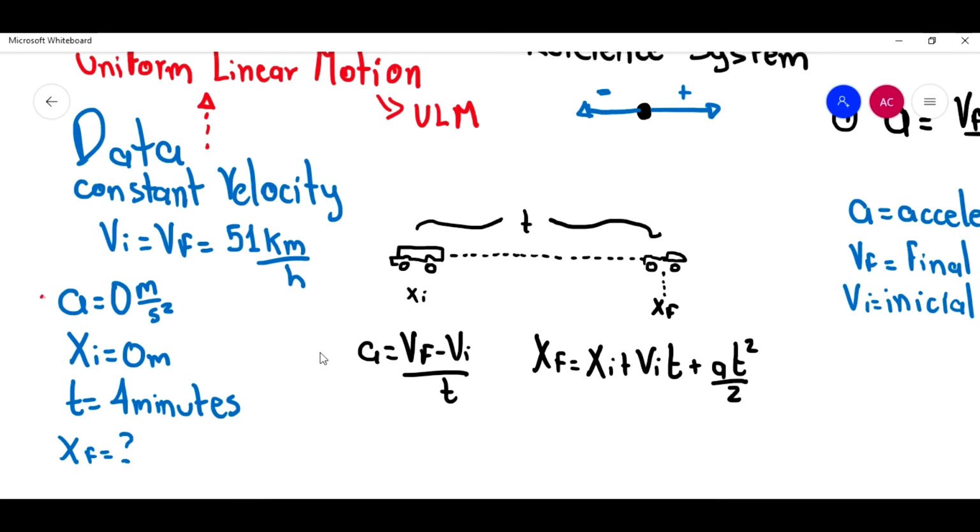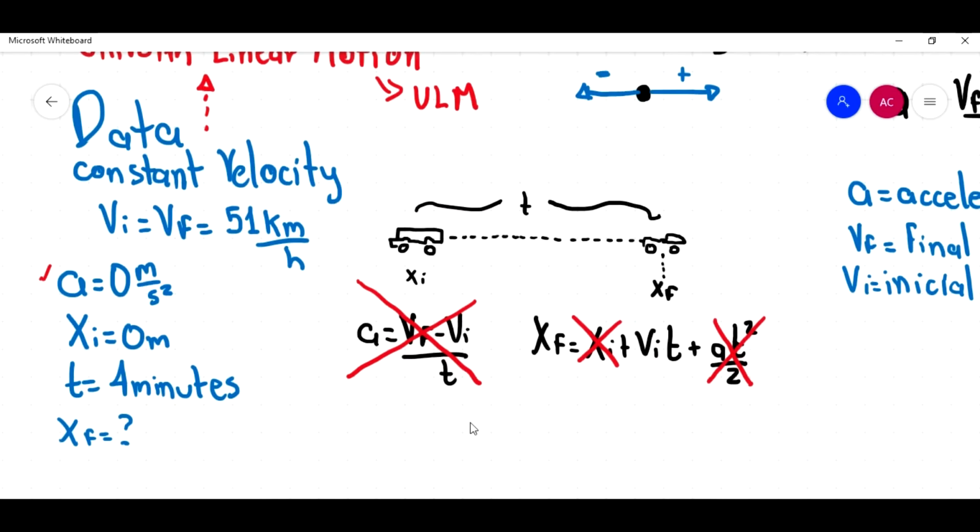So if you see, I've got the acceleration equals 0 meters per second squared. So if acceleration equals 0, that means the whole term is 0. So I'm going to cancel it because it's 0. And then what else is 0? Initial position. So I'm going to cancel initial position and also this term over here that includes the acceleration.